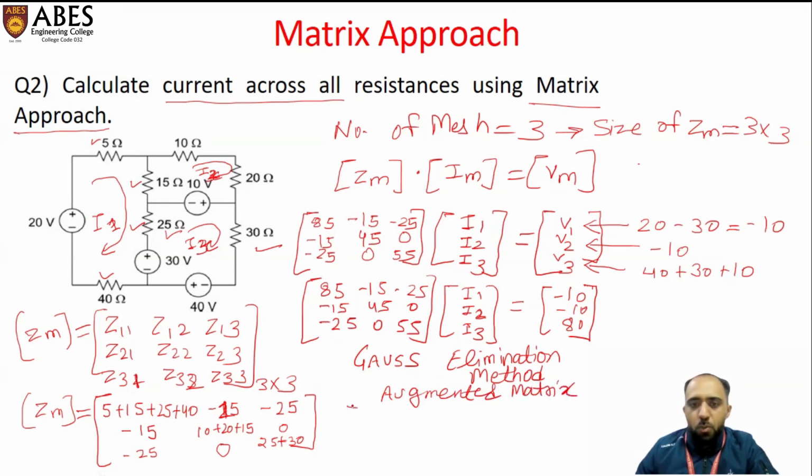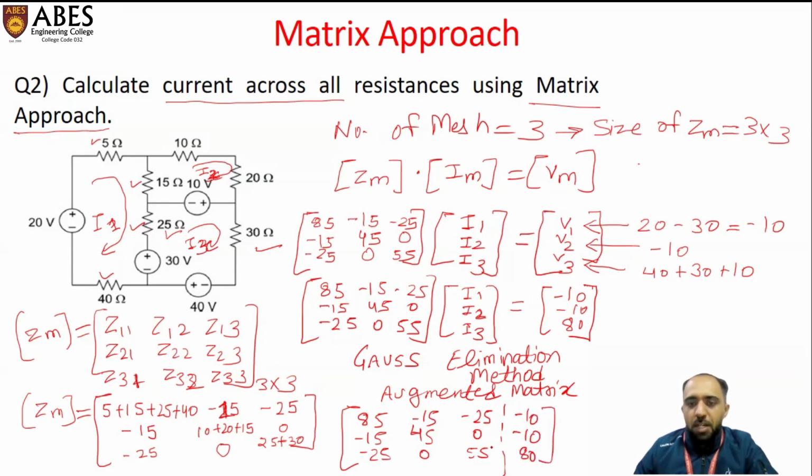In this, we need to write some operations. We know that 85, minus 15, minus 25, and minus 15, 45, 0, minus 25, 0, 55. This is the augmented matrix, with minus 10 and 80.